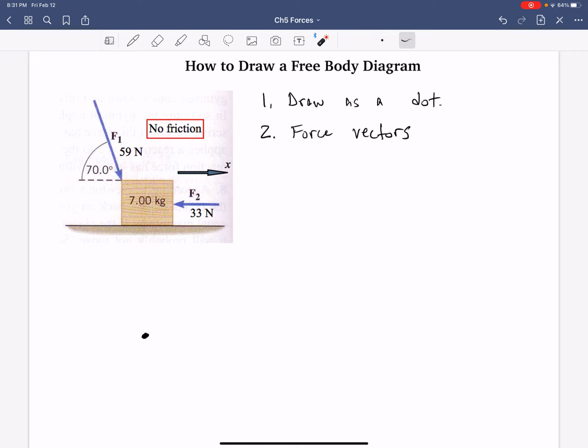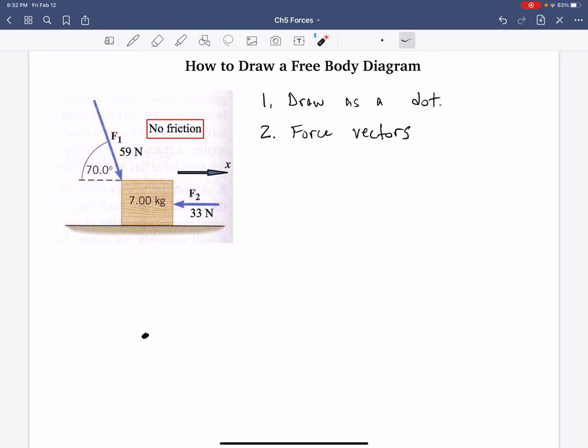Typically, the vectors are starting from an object and going outwards. Or rather, in F1's case, it's like this. F2 would be like this, normally. So what we want to do in our free body diagram is translate these force vectors such that they start at the dot and go outwards, away from it.